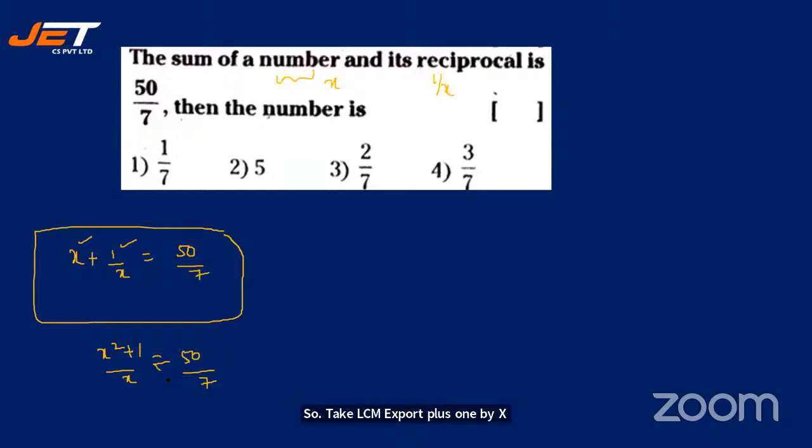All right. So just cross multiply. How much? You get 7x squared plus 7 is equal to 50x. So when this 50x comes to this side, it becomes 7x squared minus 50x plus 7 is equal to 0.